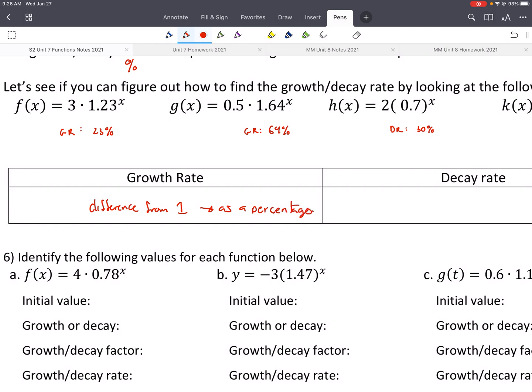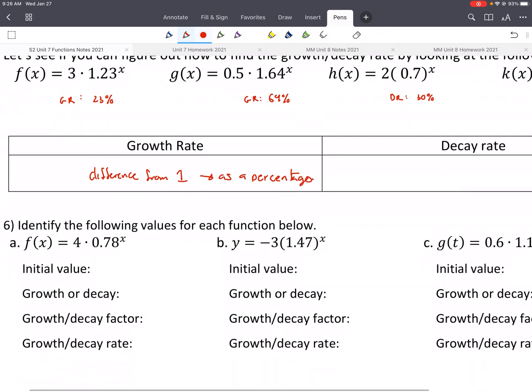Same thing for the decay. We just look at the difference from 1. There's not going to be a sign. It's just always going to be positive. And then we'll write it as a percentage. There's a formula or something like that that you can use, but I feel like it's easier just to think difference from 1, and then write it as a percentage.